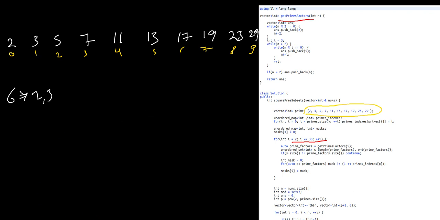So in this loop here we are assigning masks for every number from 2 to 30.